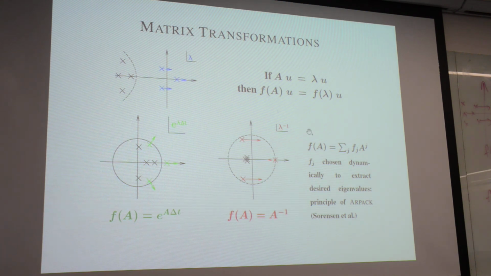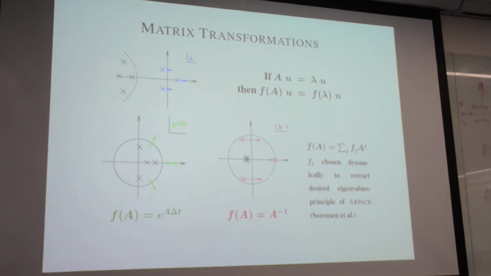So what I'm recommending instead is taking the inverse. And the inverse is turning, again, these are the eigenvalues you want. And the big ones here, big negative ones, have been turned into small negative ones. And these that you want have been turned into this. Some of you have heard of ARPACK, right?